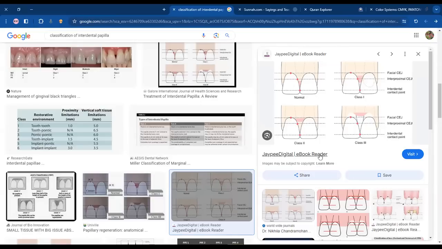So just put a note highlighting which classification of interdental papilla they used, and what was the distance from the contact point to the bone in the study. If I was reviewing the study, I would ask the authors to highlight this.